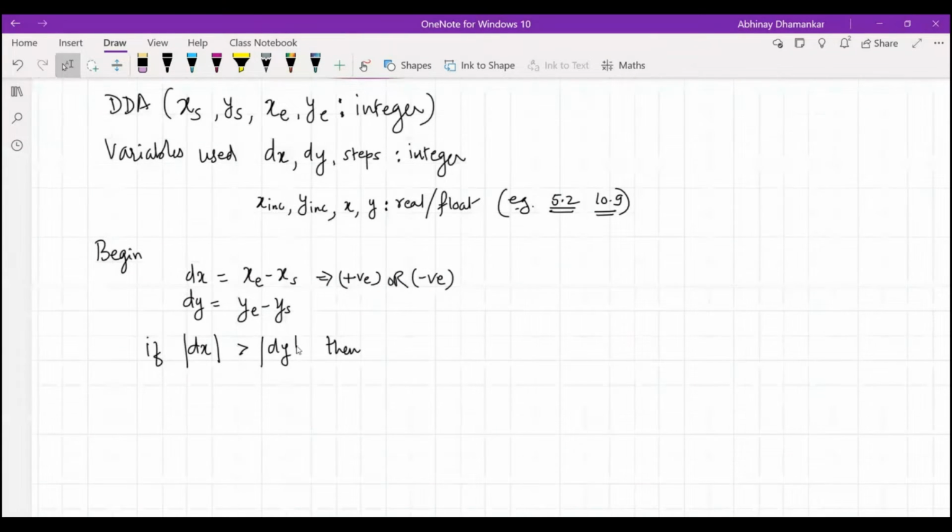What is modulus? If you have a negative value, its mod gives only the magnitude.